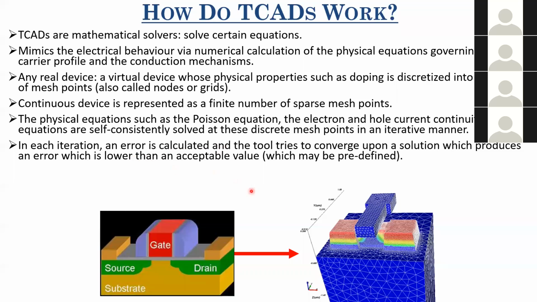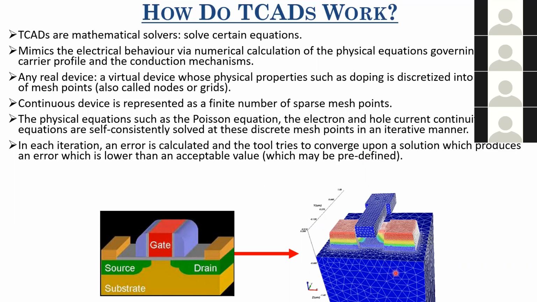Also, in each iteration, an error is calculated. Suppose I solve the Poisson equation at this node point and this node point, between two adjacent node points. And I find that the difference between the potentials of the 2 points is very large. Then I'll solve the current continuity equations and find the modified charge densities at these points. Then again, I'll solve the Poisson equation. Let's say the error between these 2 points reduces.